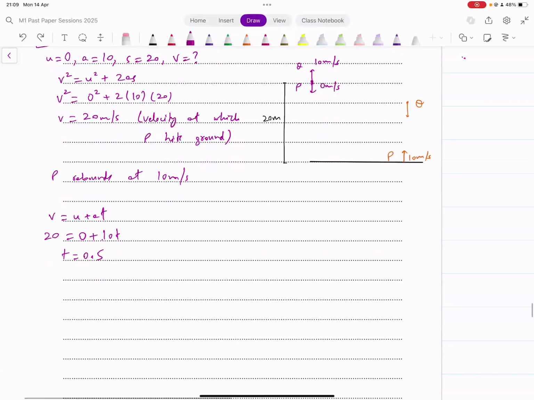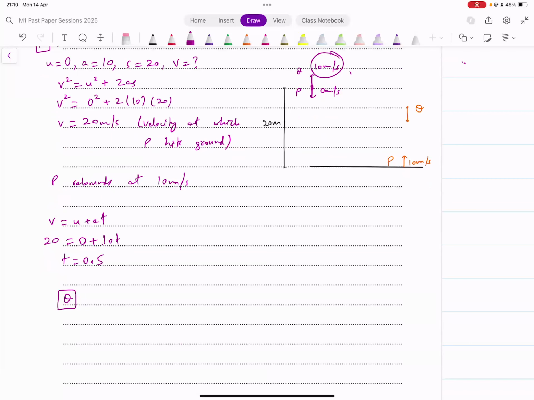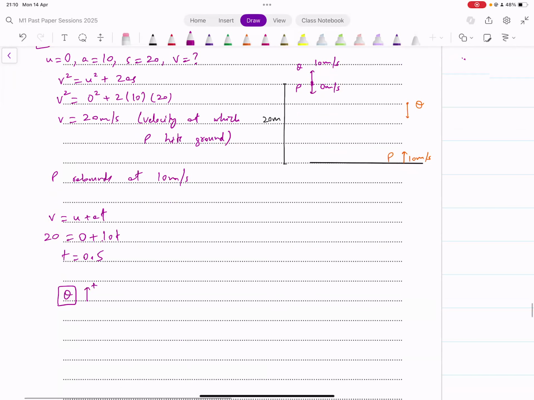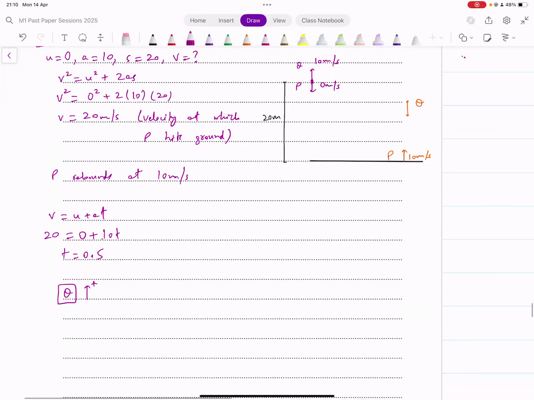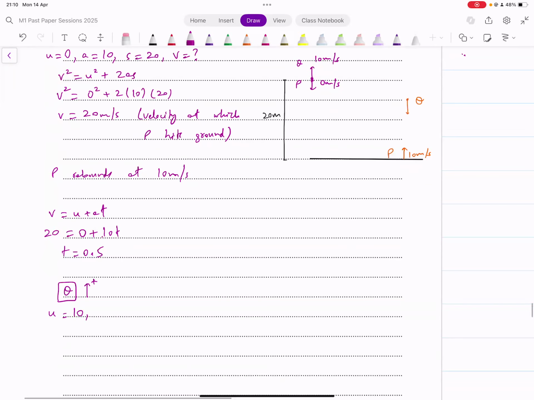So for Q, I'm going to take the upwards direction as positive. Its initial velocity was 10. Gravity is acting downwards, and since we are taking upwards positive for Q, acceleration is negative 10.